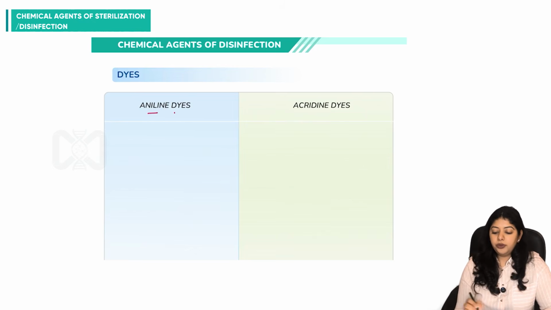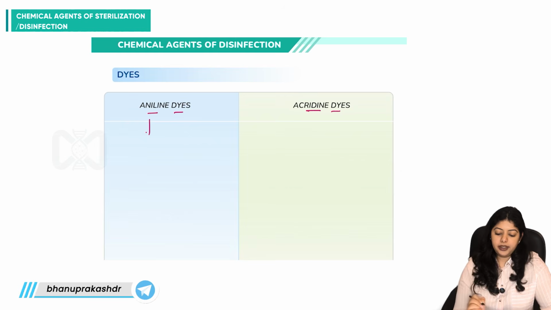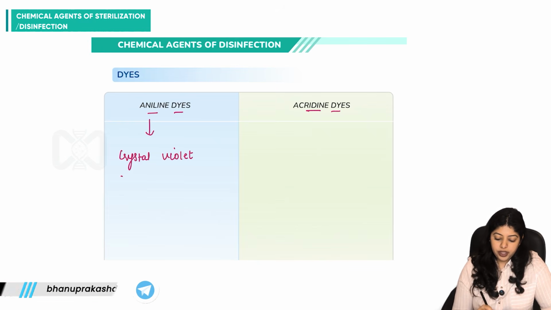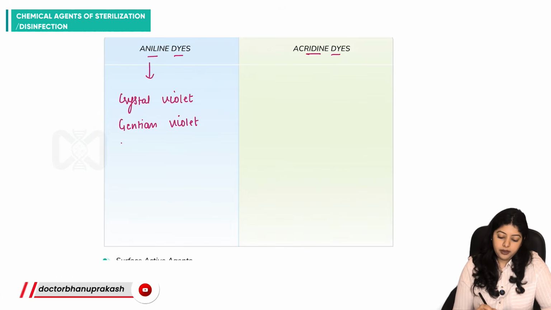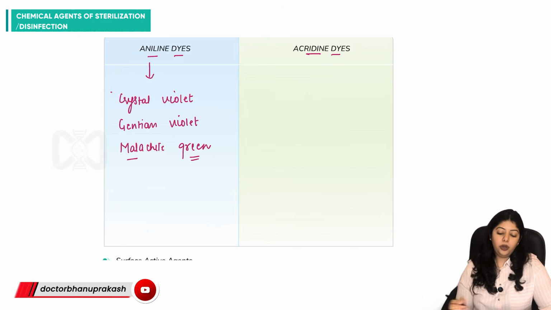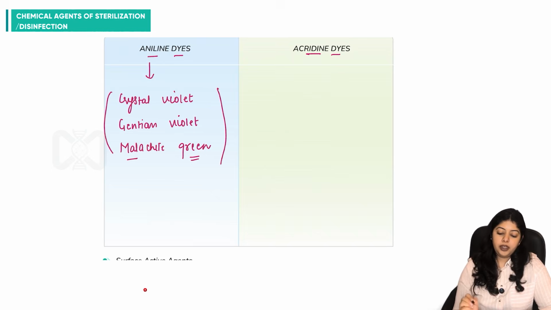Now moving on to the dyes, that is aniline dyes and acridine dyes. For aniline dyes we have crystal violet, gentian violet, malachite green, etc. So what is the role of these dyes?